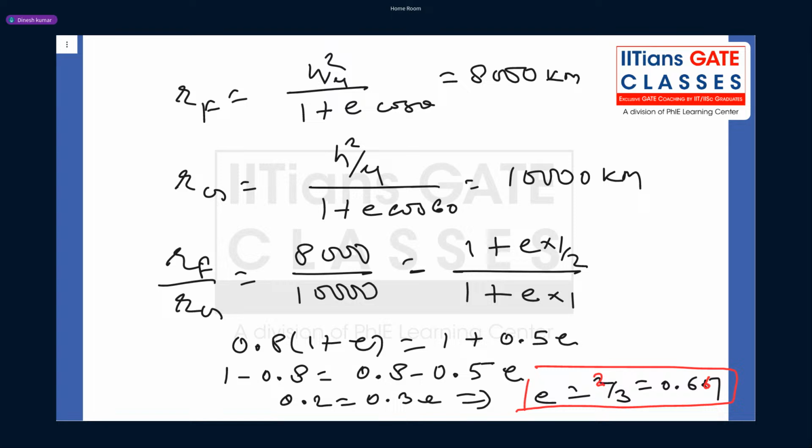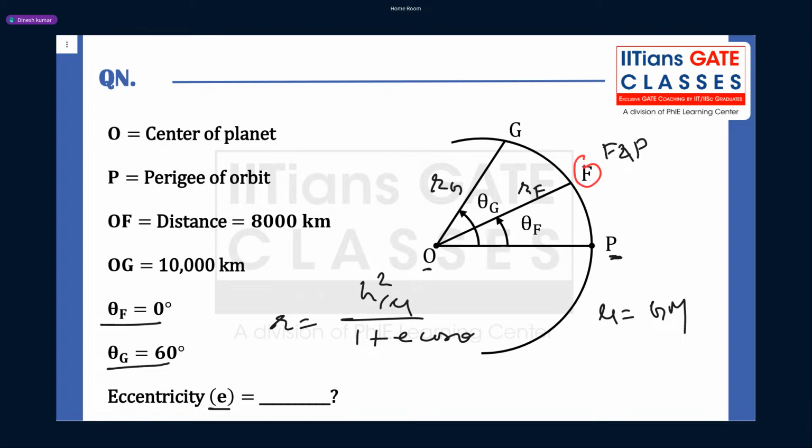There may be confusion because they have mentioned these two as separate points, but when the angle is 0 degrees, F should coincide with point P. Any doubt, guys, in this question? Anybody attempted this question? So eccentricity is 0.667. Praveen, this is correct, right?